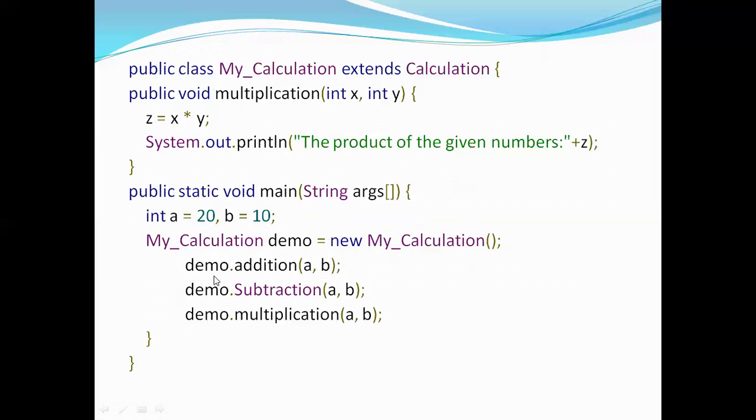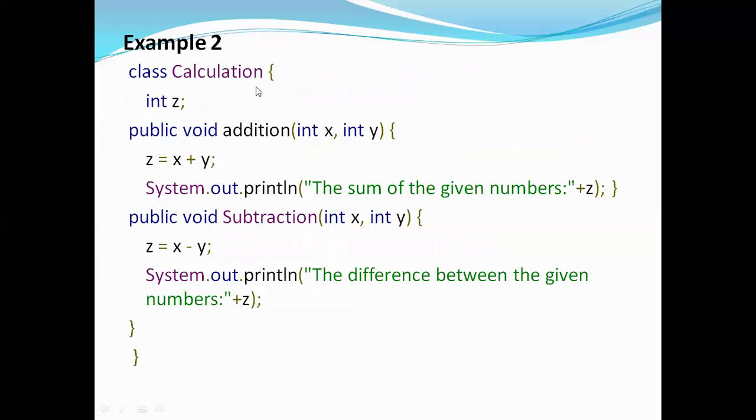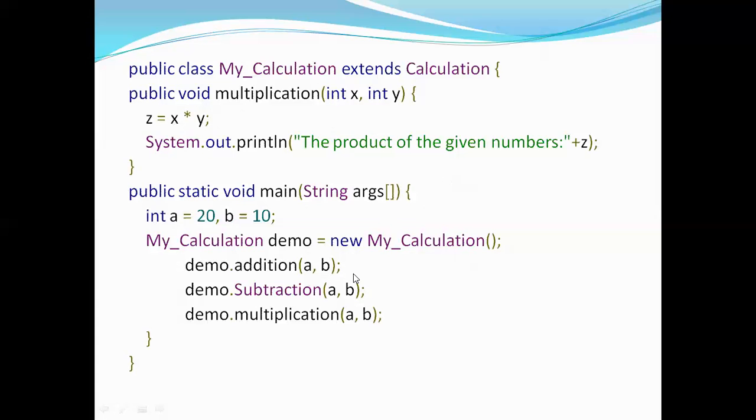So I'm writing demo dot addition a comma b. What are a comma b? They are parameters and their values are 20 and 10. So demo is an object, and addition is a method which is written in the parent class called calculation. So this method will be called and two parameters I am giving there, a and b, 20 and 10.